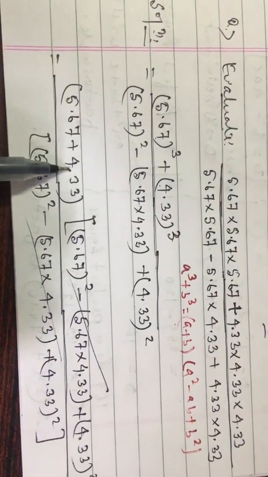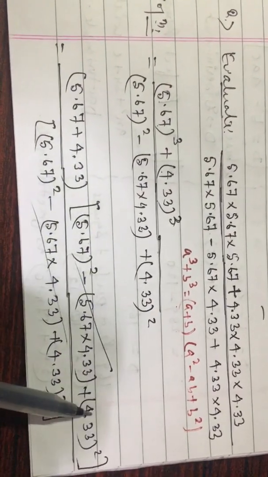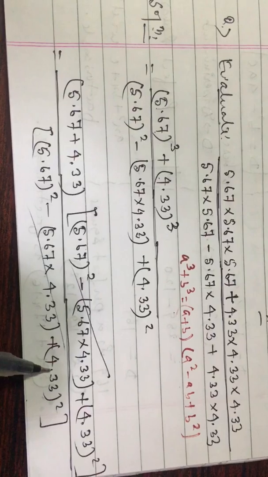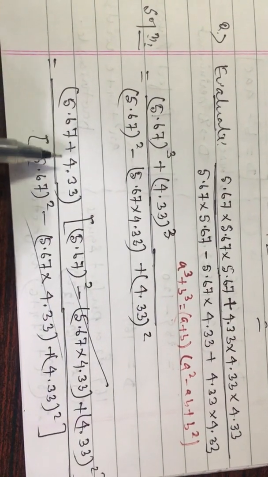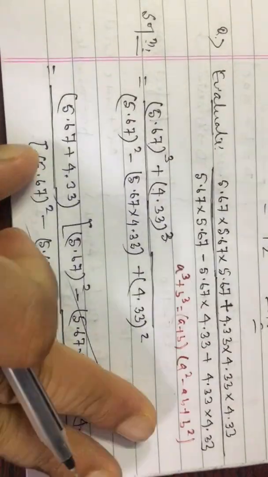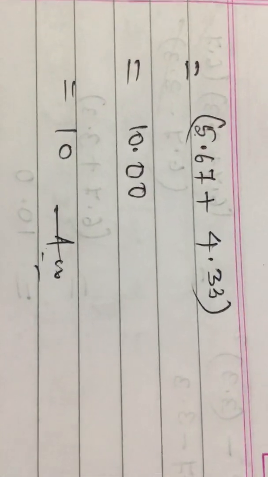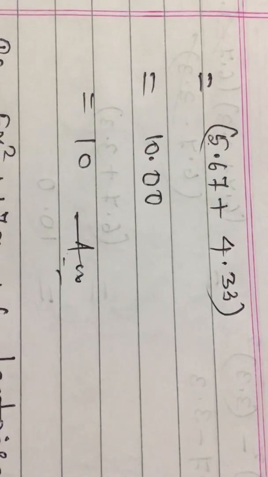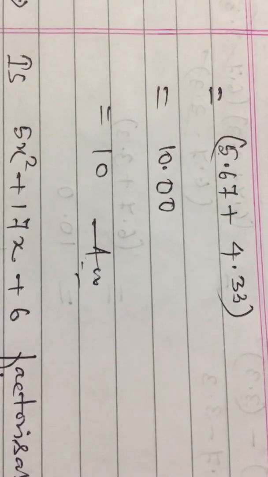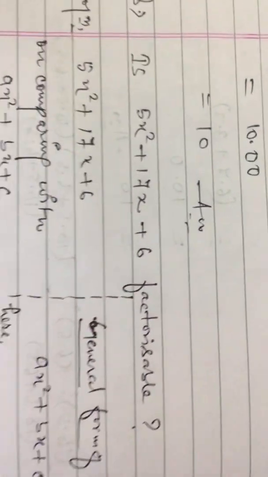So it is a plus b, a square minus a into b plus b square. This whole term will be cancelled by this part in the denominator. This will be left, 5.67 plus 4.33. On adding this, 10, that will be the answer. So these are some applications of type 4 and type 5.